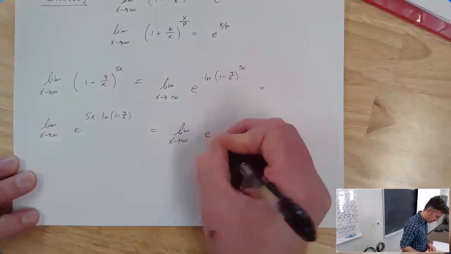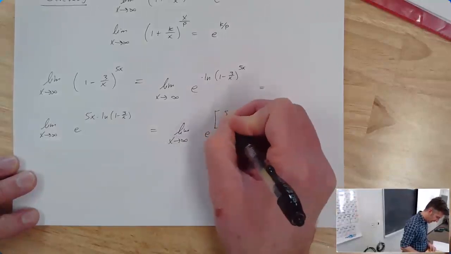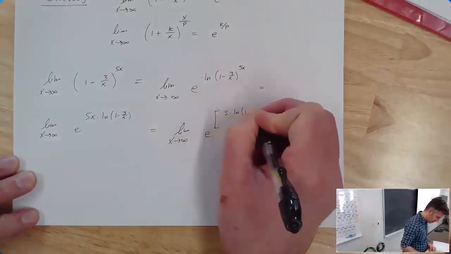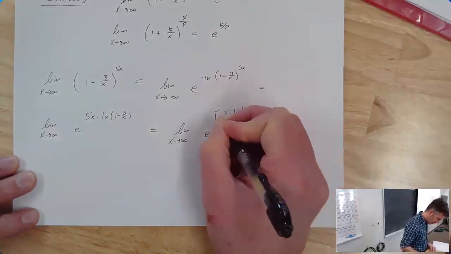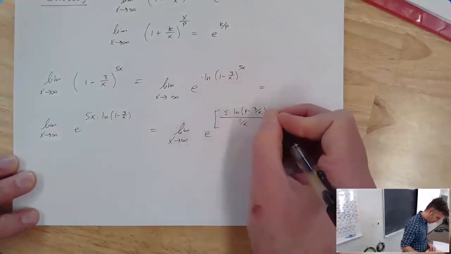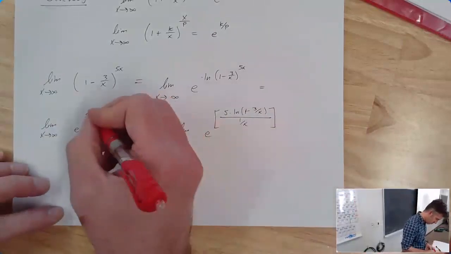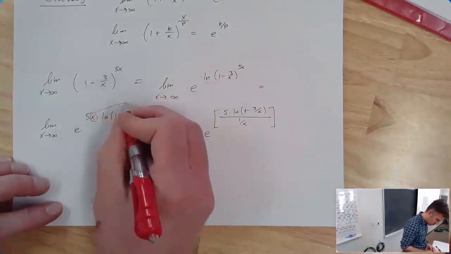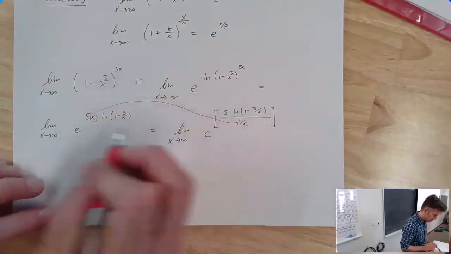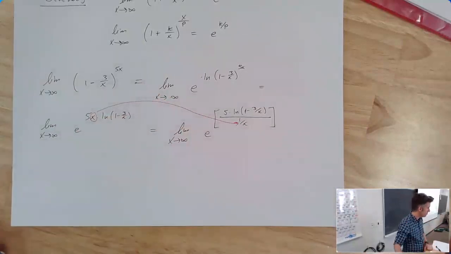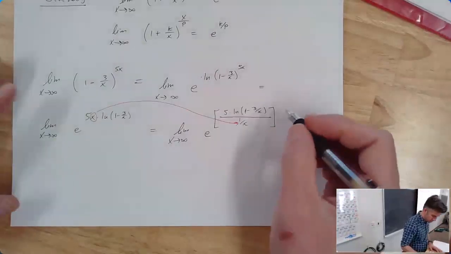I'm going to write this as e to the 5 times natural log of 1 minus 3 over x, over 1 over x, bringing that x to the denominator as its reciprocal. And then we have a 0 over 0 in our exponent. So we use L'Hopital's rule.